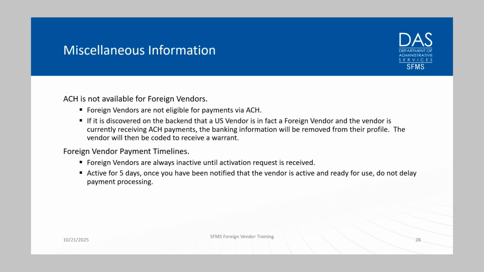So do not delay payment processing once you receive that activation, because 5 days goes by really fast. If you have a secondary person, please work with them so they know they have to have a quick turnaround. Once it's open, it's still kind of tight.